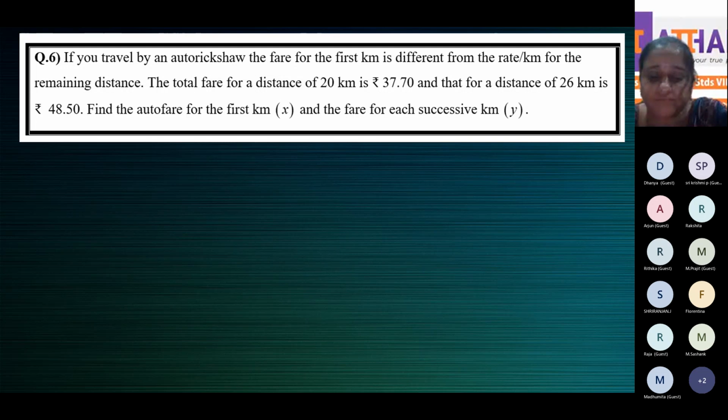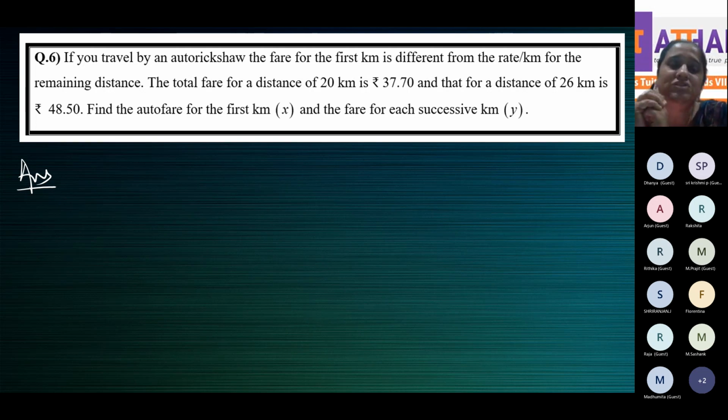Frame the equations. You can write the question later.